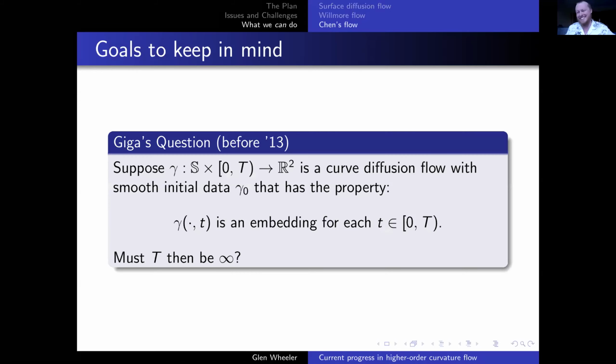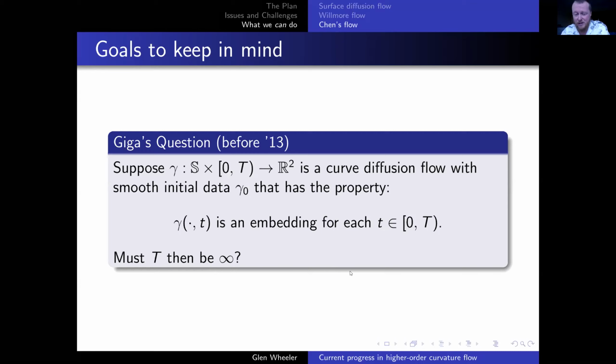Now, I want to get to this because the chairman of this session is Professor Giga, and I met Professor Giga in, I think, 2013 at Hokkaido University, and we were at the Pacific Rim Conference, and he asked me a question. He asked me this question: if you have a curve diffusion flow that has the property that it's an embedding for each t, must it exist for all time?